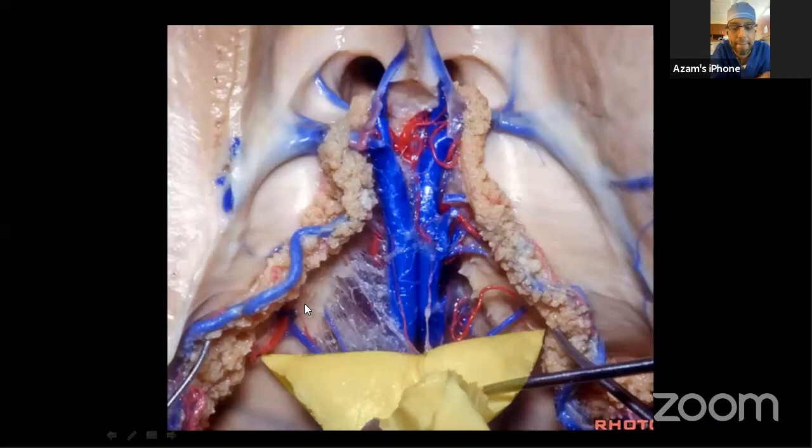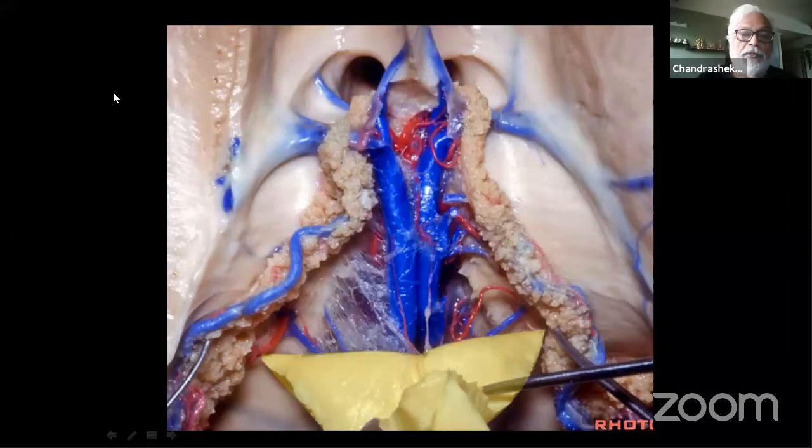I think today it would depend on what I'm suspecting. If I think that I'm dealing with something which could be either a germinoma or a pineal malignant tumor, my approach would mainly be to do an ETV and take a biopsy before I consider doing any kind of major surgery.